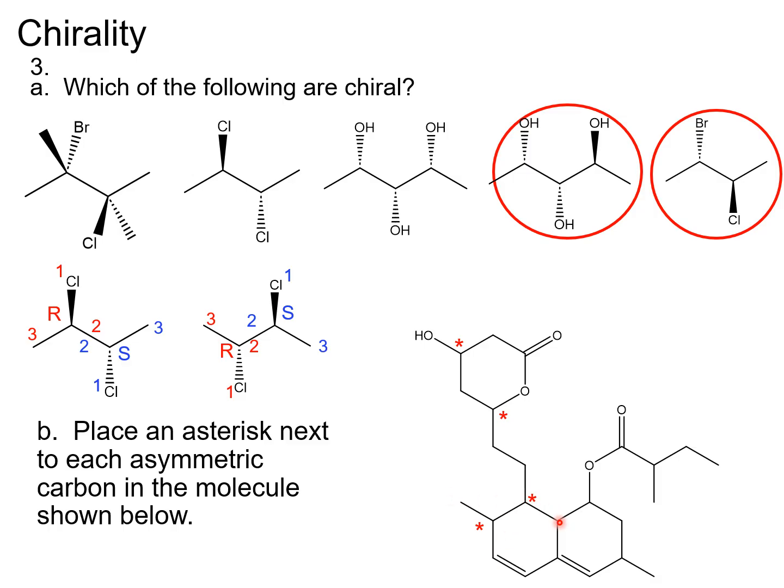If I go to this position, one H, three different carbon groups: a carbon that's connected to an oxygen, a carbon that's not connected to the ring, and a carbon that's in an alkene. So this is another one. The other thing we're looking for, remember, for our asymmetric carbons, you need to have sp3 hybridization. So I'm also eliminating anything where I see sp2 hybridization, like from my alkenes here.